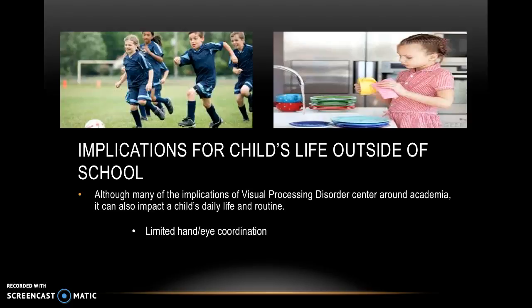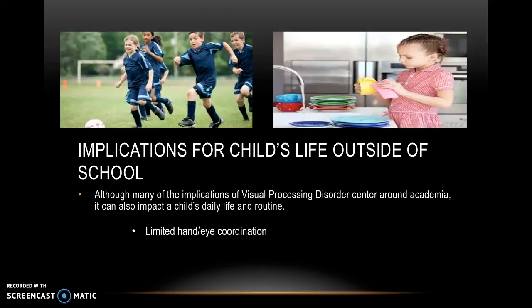Hand-eye coordination is a key factor in many sports such as soccer, baseball, dance, cheerleading, gymnastics, and if a child does have visual motor processing issues, it can be challenging for a child to actually participate actively in these extracurriculars.